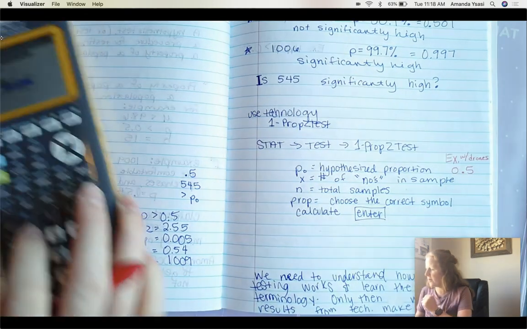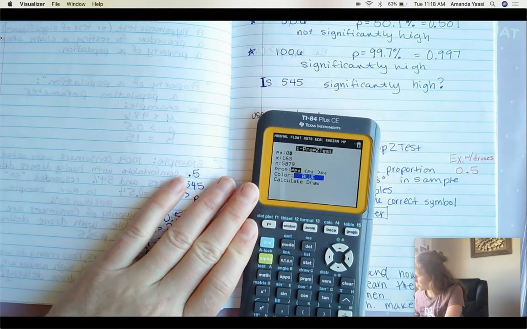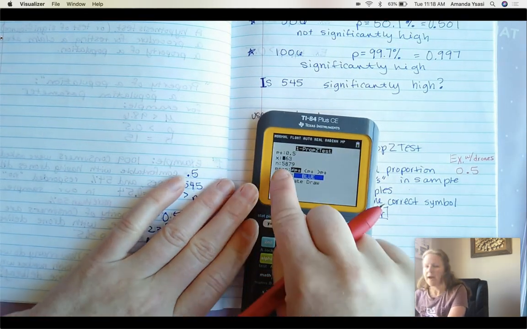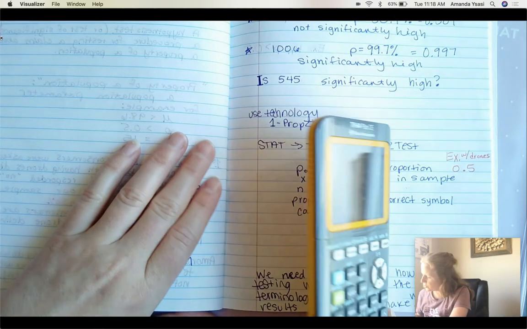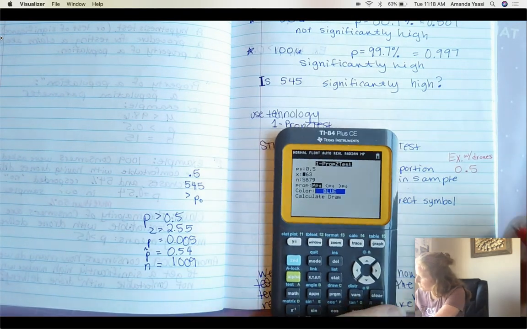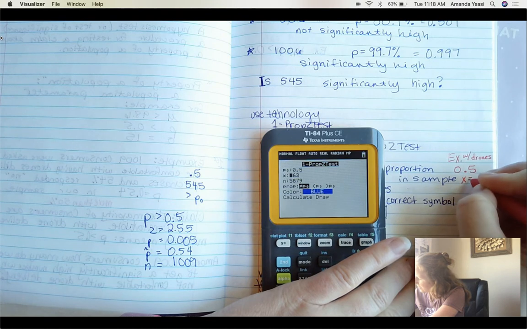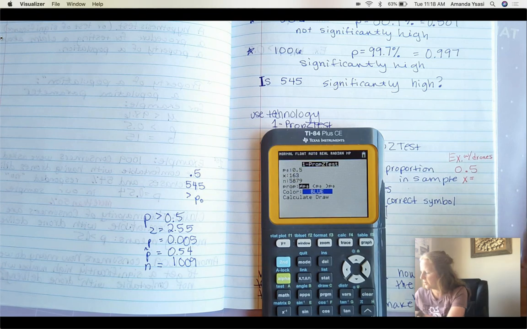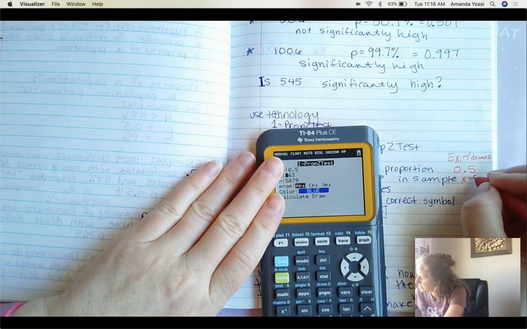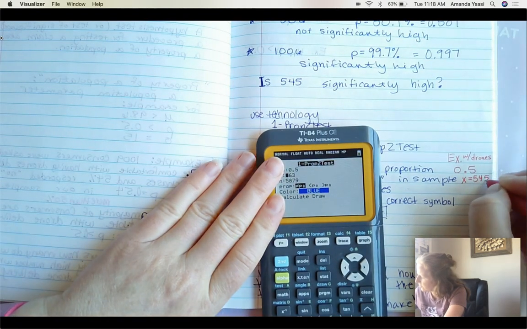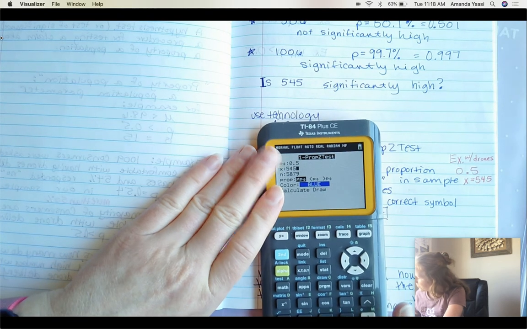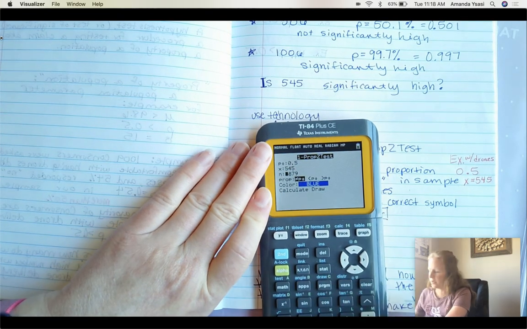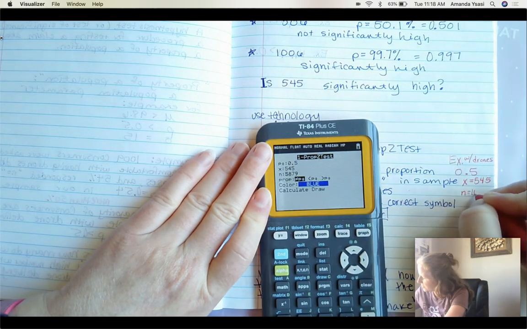That's what we're hypothesizing. So 0.5. X is your sample count of yeses, or no's, whatever we're talking about. In this case, it was 545. And then n is our total number, 1,009.